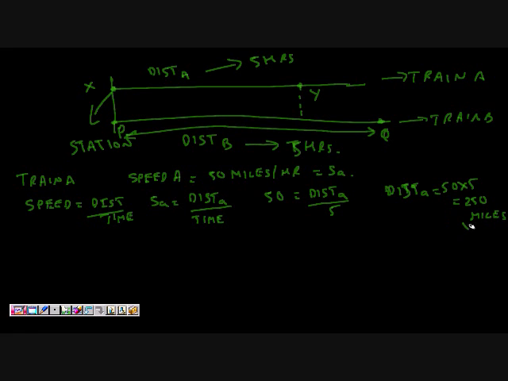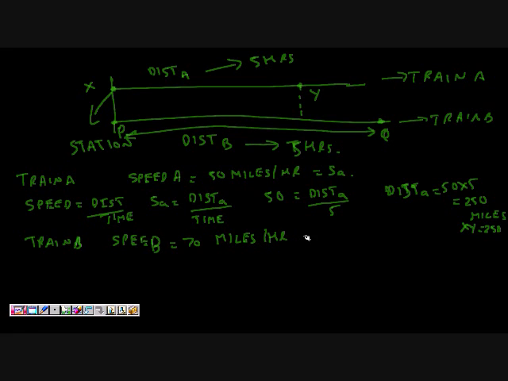Okay. Similarly, we can write for train B. Speed of B is 70 miles per hour. Let's call that SB.